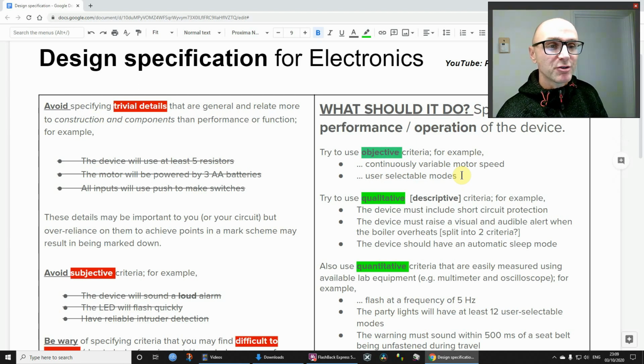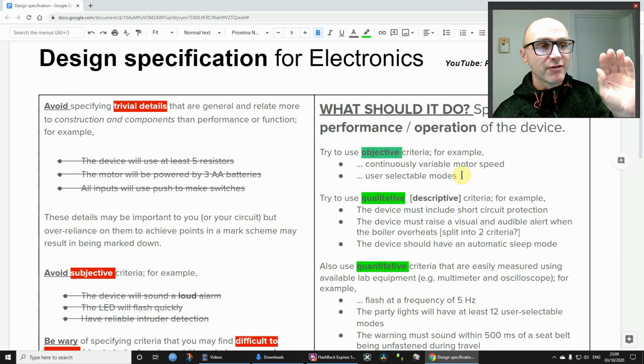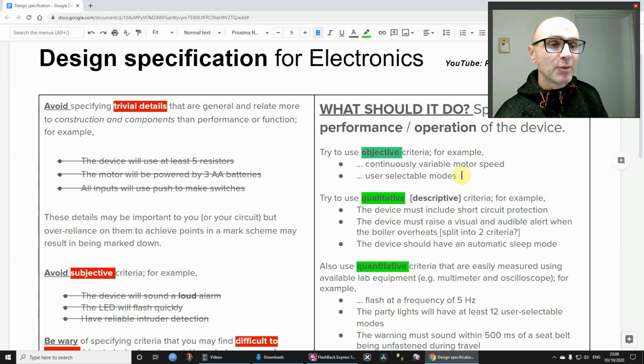Different switching systems. It might be contact based, so you actually have to press a switch. It might be non-contact based, so you waft your hand across some infrared sensor or whatever it happens to be. But they either are user selectable or they're not, so it's objective.